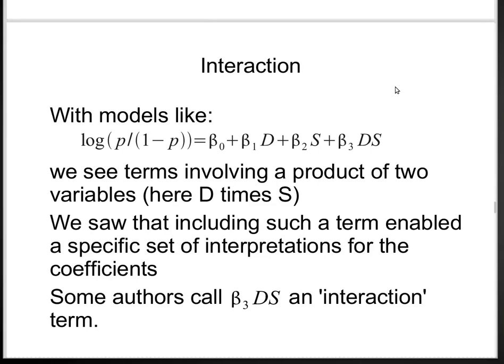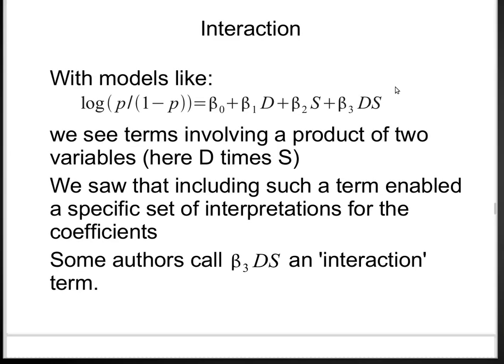Another piece of terminology that I think is worth commenting on. In the second model, we had the 4 terms on the right-hand side of the regression equation. And the fourth term involved a product of 2 indicator variables: disease status and smoking status.